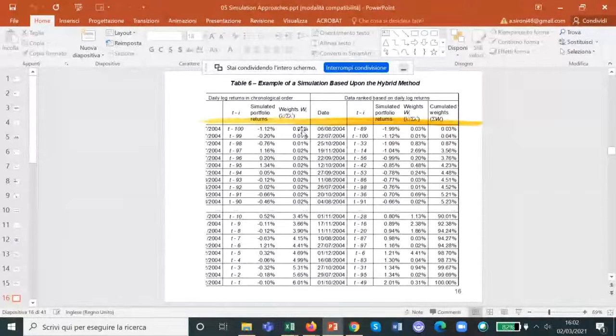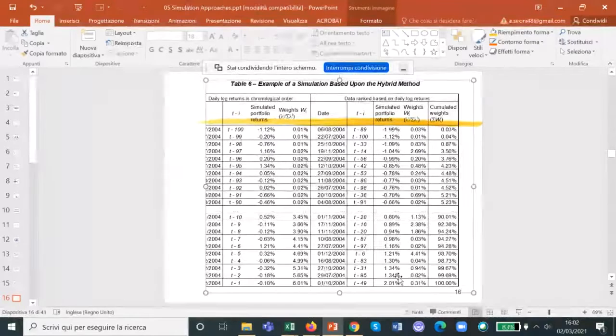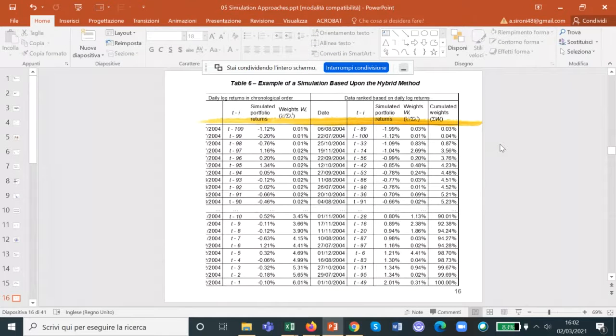Now, in the second part of the table, what you see are the same daily returns, but this time ordered from the worst to the best, as we did with historical simulation. What is different here is that for each historical daily return, we have its own weight, the one it gets in the first part of the table. What is the difference with the hybrid approach?